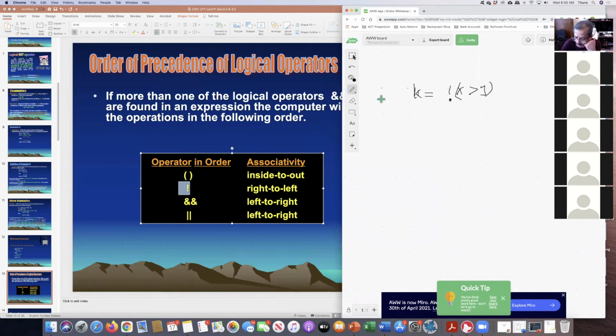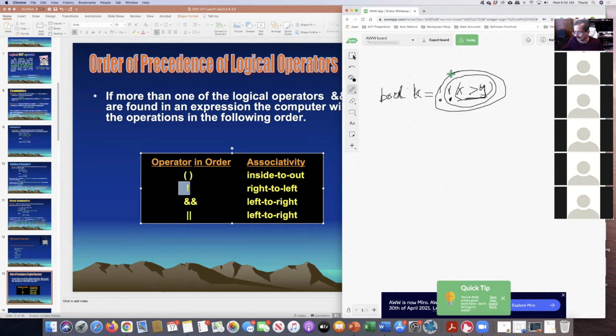Let's say k is bool type, so you're storing a logical value there, and the exclamation means after evaluating x greater than y, you want to negate it. If you put another negation operator in front of it, then in what order should it be done? After x greater than y, you'll do this first, and then do this. It makes sense to do that, right?